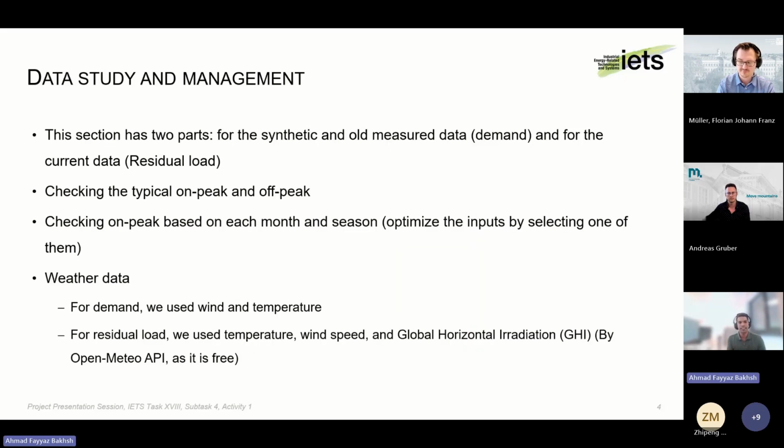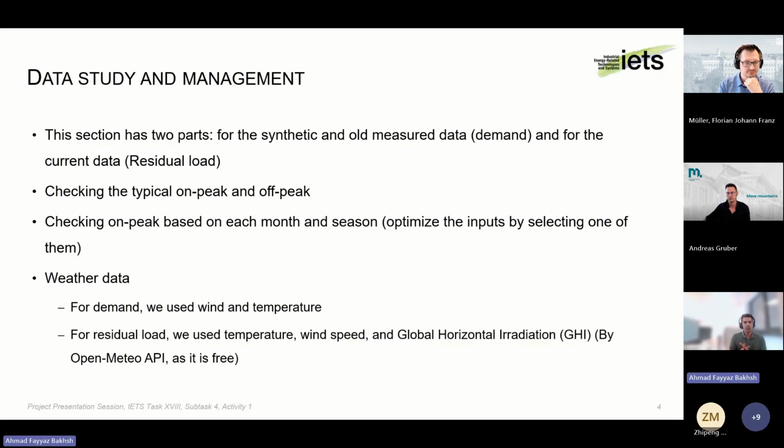In terms of the data study and management, our work contained two parts. First, demand forecasting, and the second one was residual load. We're going to discuss the residual load, but to compare quickly, for the demand we had our paper, where we compared with other models, and it's available online. The comparison is in terms of the inputs.